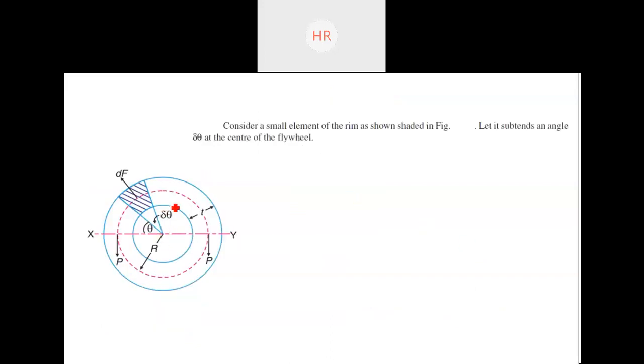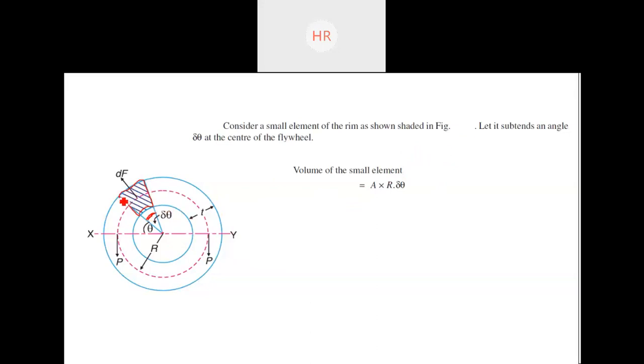Now consider this flywheel rim and a small element, this hatched element. The small element subtends the angle delta theta at the center of flywheel. If I want to find the volume of this element, then volume is equal to area into length.